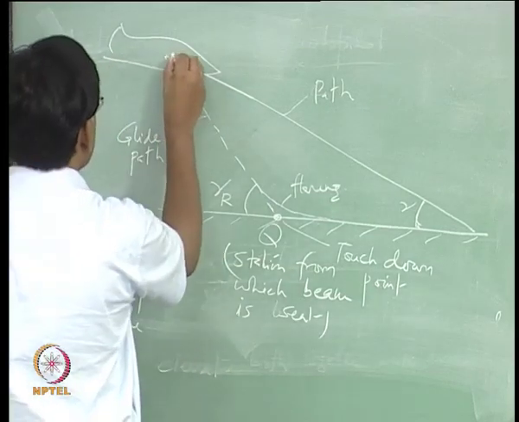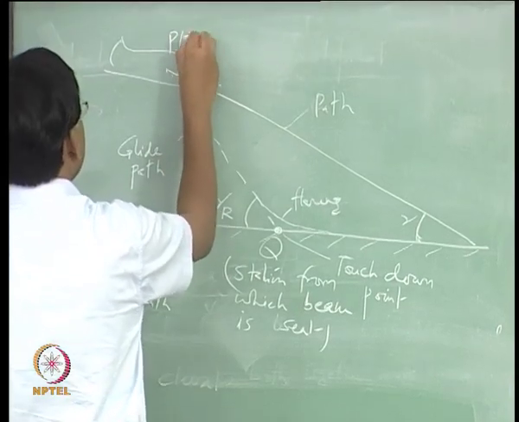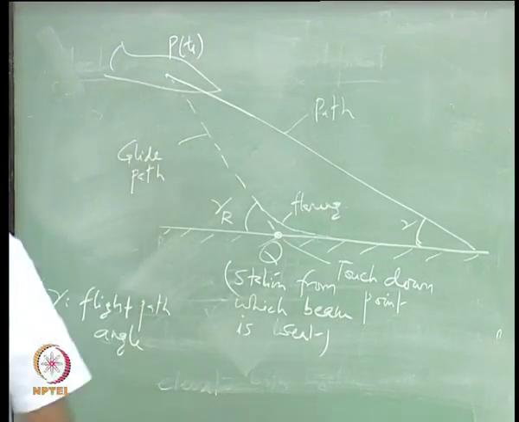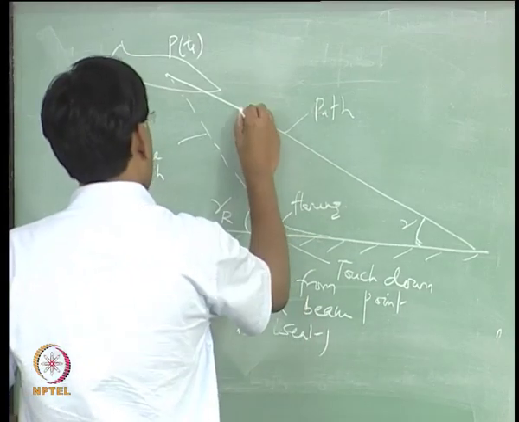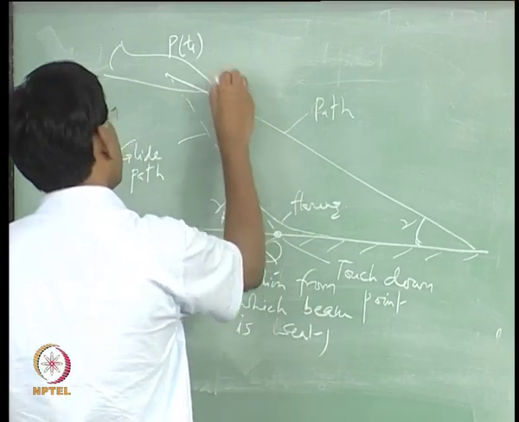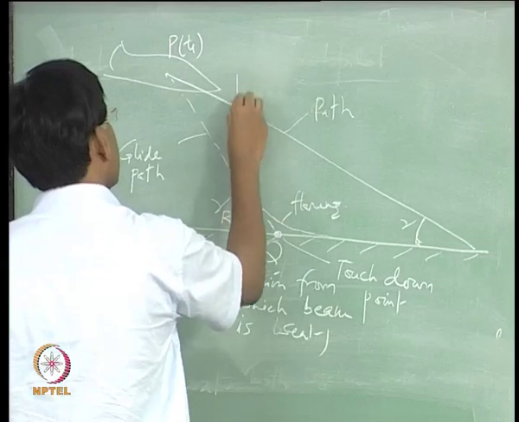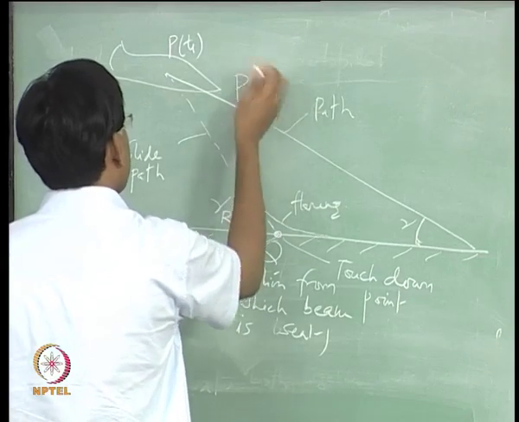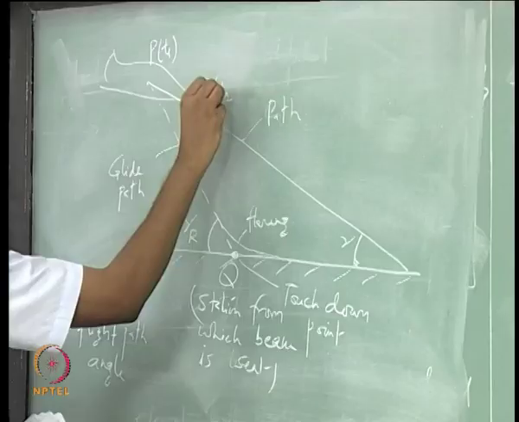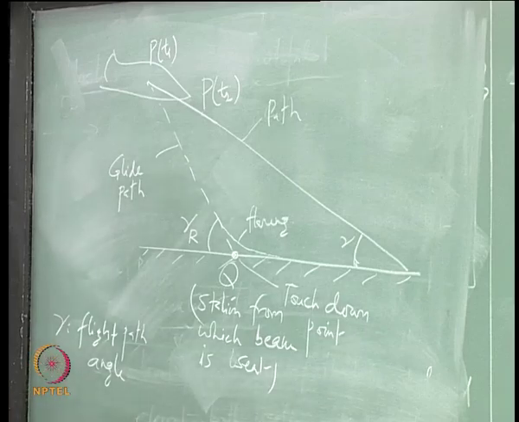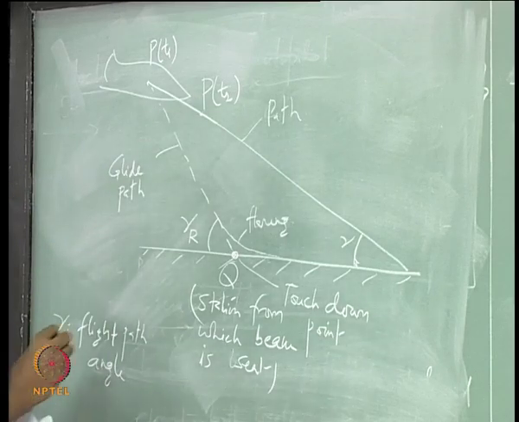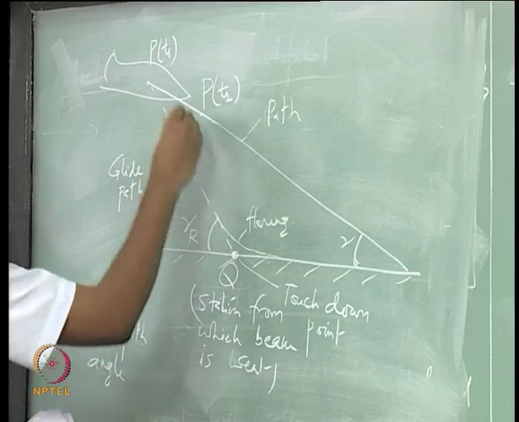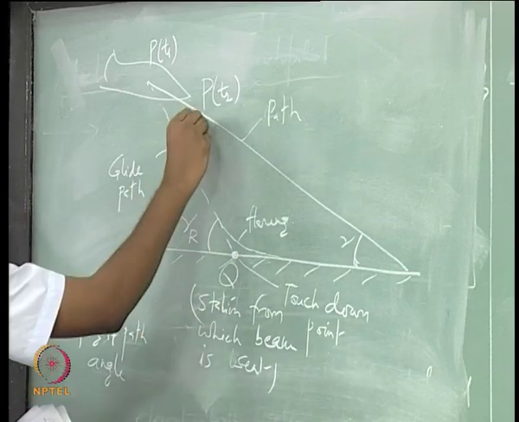So, let us say this is the point where the aircraft is at time t1, and after some time, at time t2, it has moved to this point, but it is supposed to touch down here.